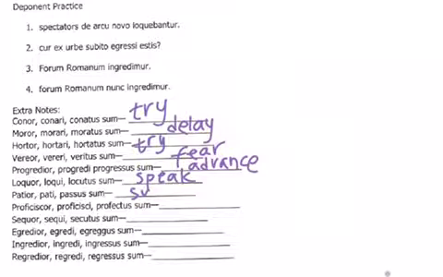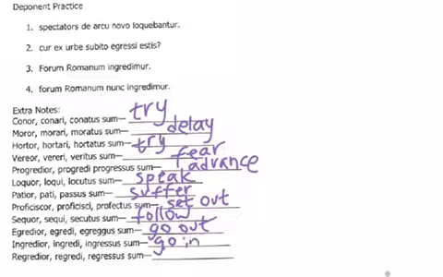Patior means to suffer. Proficiscor means to set out. Sequor means to follow. Egredior means to go out. Ingredior means to go in. And regredior means to go back.